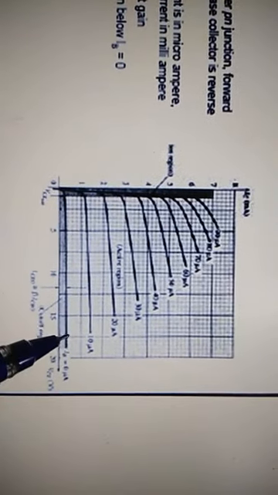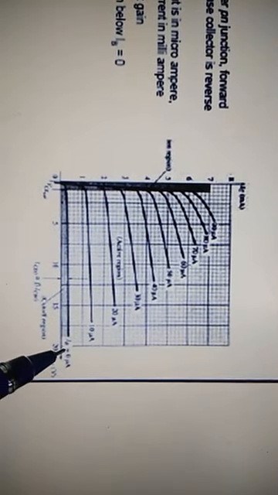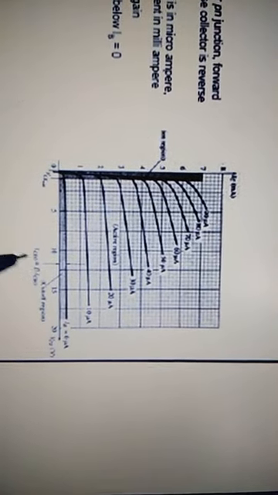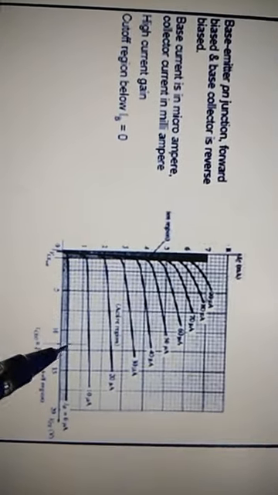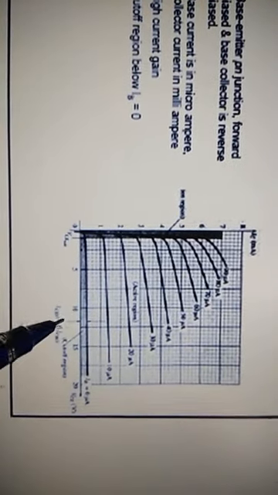And below this, IB is equal to 0. If we take this line, the last characteristic, here IB is taken as 0. Below this IB equal to 0, you will get the cutoff region. So this is the cutoff region.